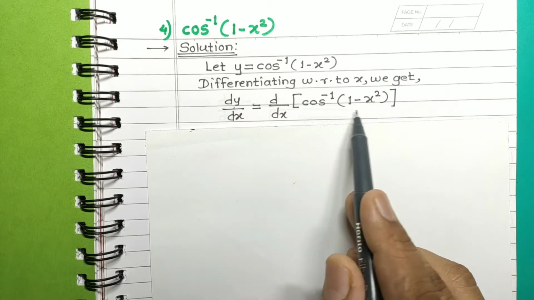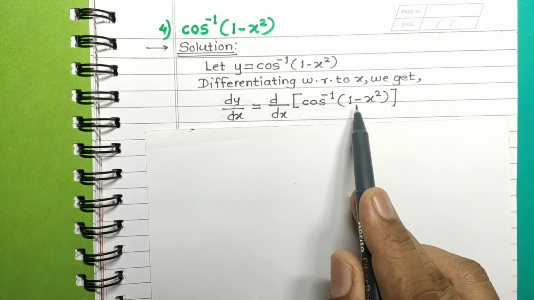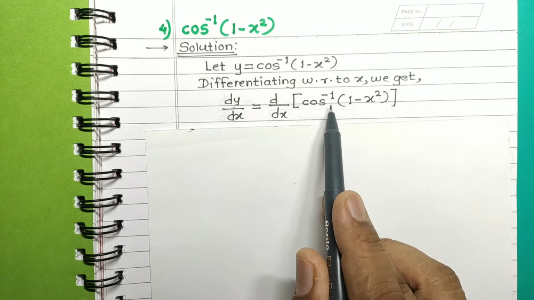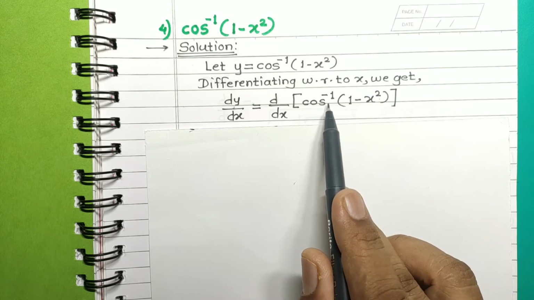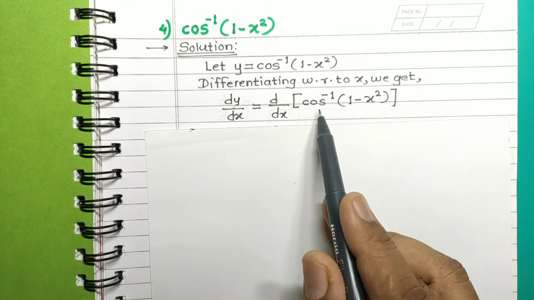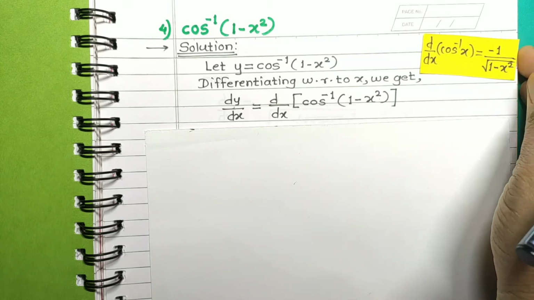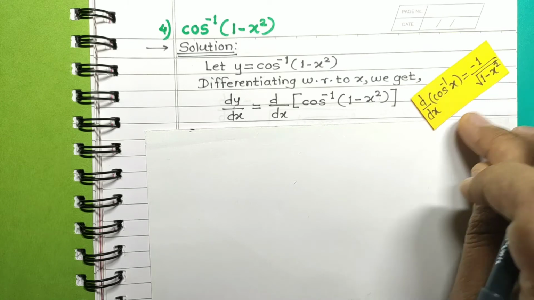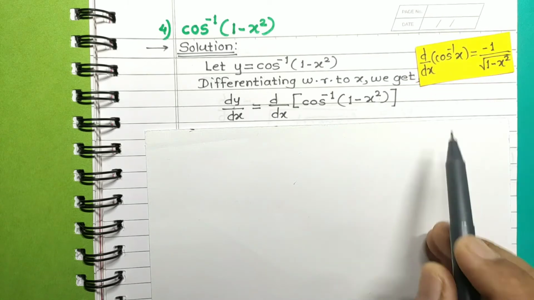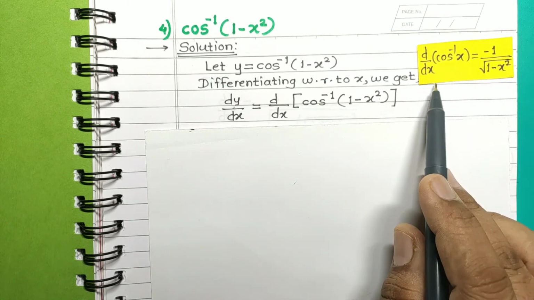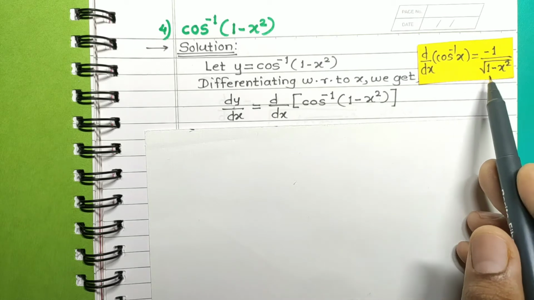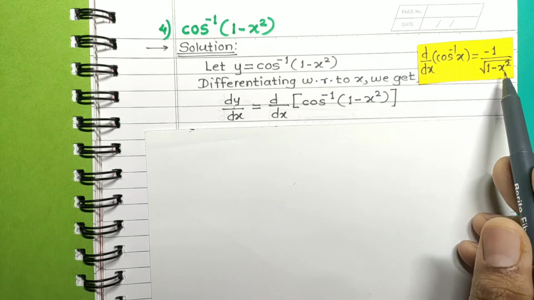Again, here we observe that it is a composite function. So we have to use chain rule to differentiate this function. Okay. And we have the standard form for cos inverse of x. See, this is the derivative of cos inverse of x. Derivative of cos inverse of x is minus 1 upon square root of 1 minus x square.